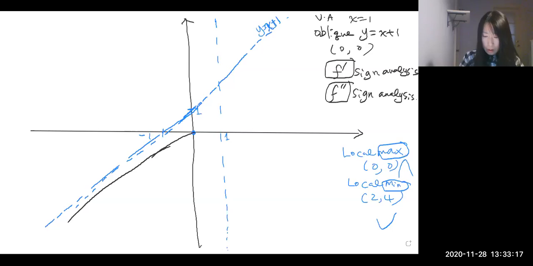Is it good? I want to make it a little bit smoother. I'm not good at drawing.